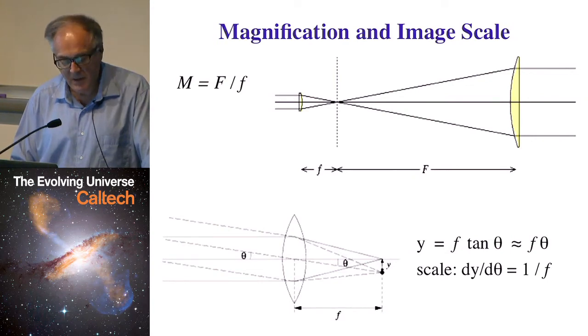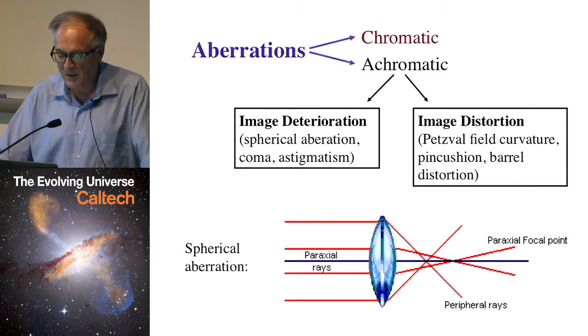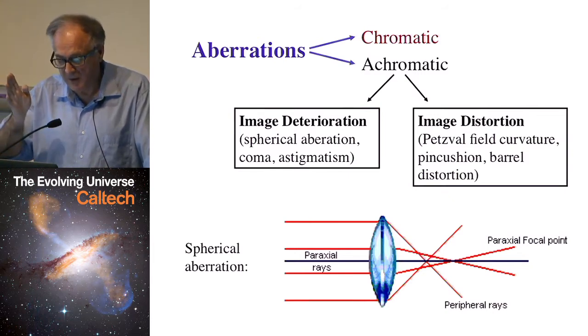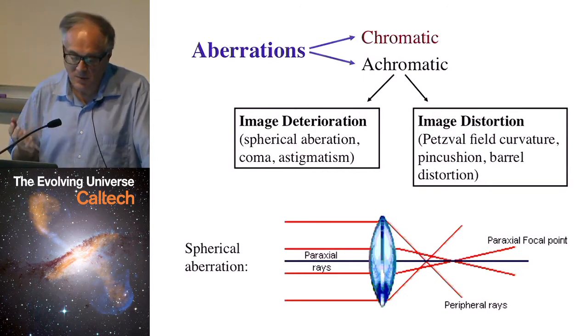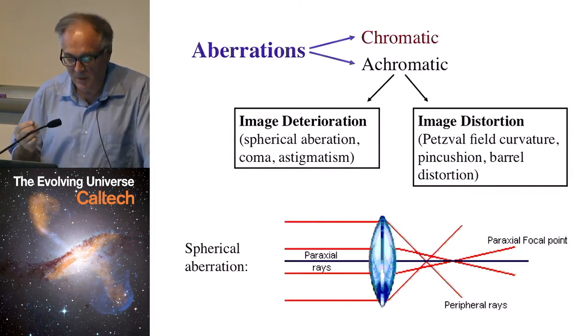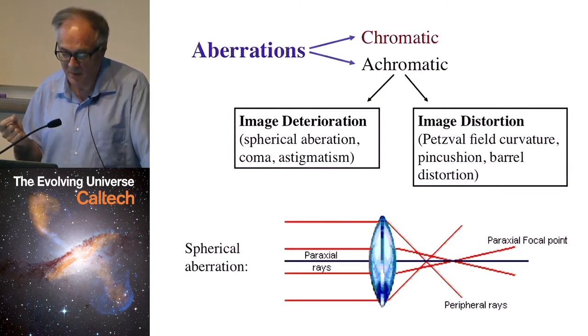Now, lenses and some mirrors have so-called aberrations. Not every part of the reflecting or refracting surface will send rays in the same direction, and also the speed of light in glass will depend on the wavelength. So that means that the focal length will be different for different wavelengths, and that's called chromatic aberration.